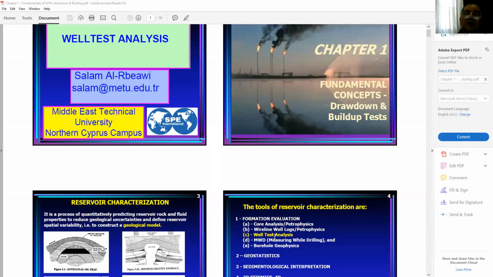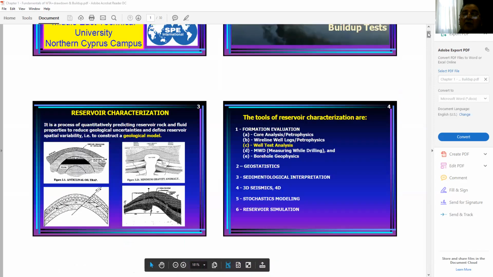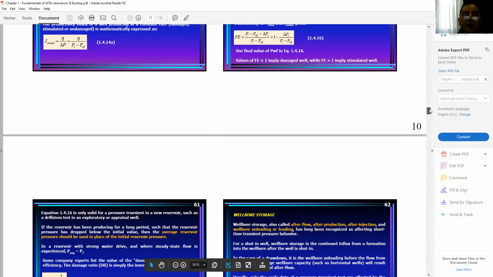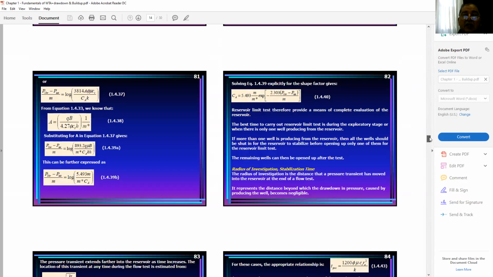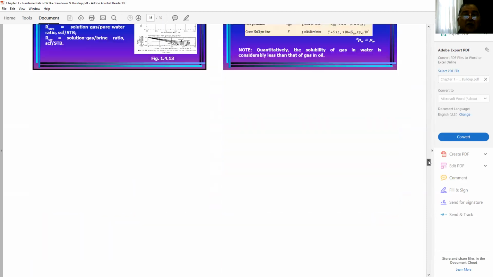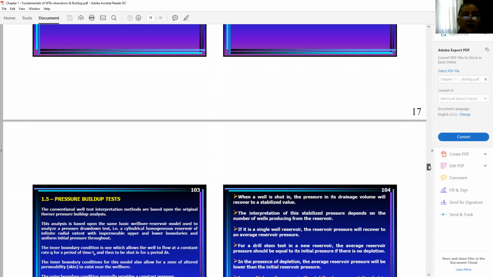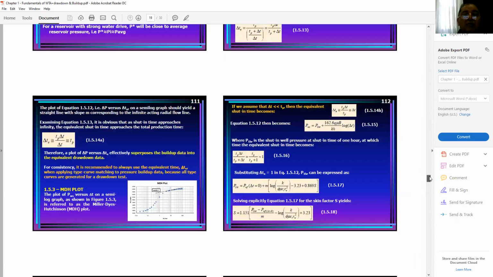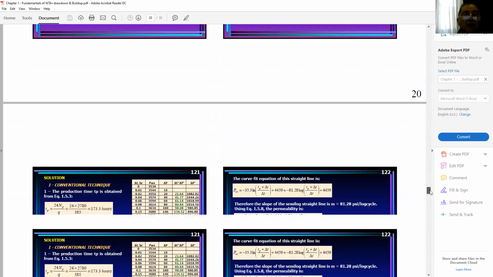So here is chapter 1, and I'm going to go directly to the topic of average reservoir pressure from pressure build-up test. This would be somewhere here.